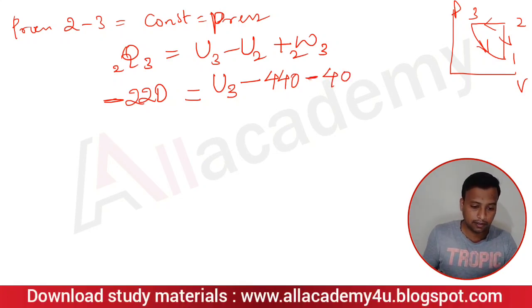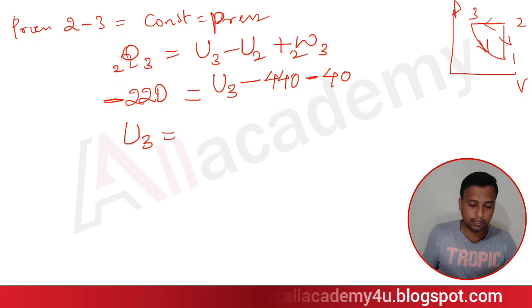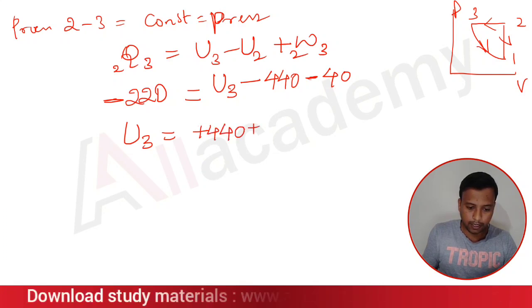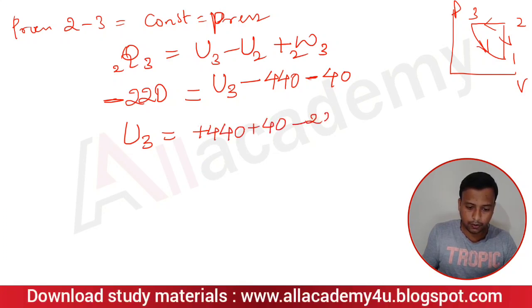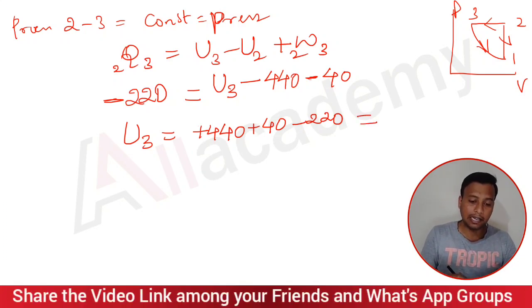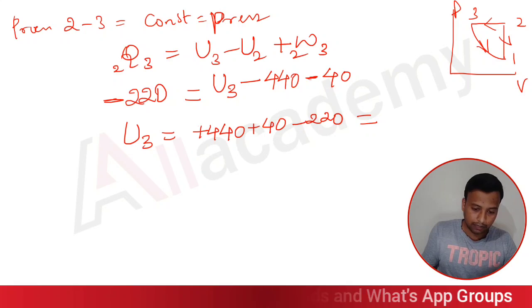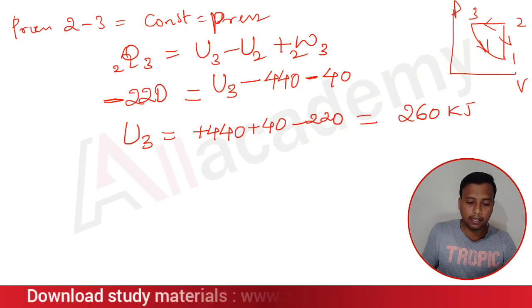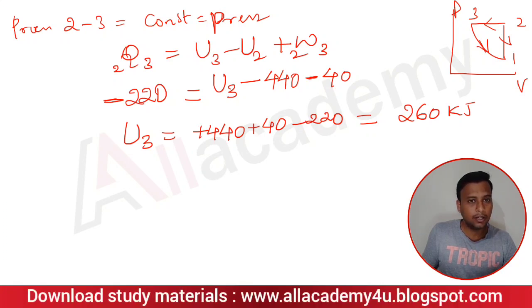Now if I replace it, U3 will equal, shifting here, plus 440 plus 40 minus 220. So U3, the internal energy at the third condition, will be 260 kilojoules, because this becomes 480 minus 220, which is nothing but 260.